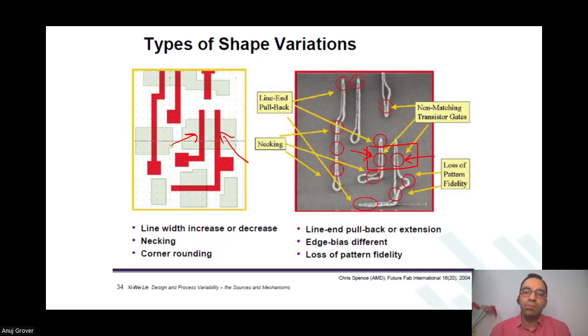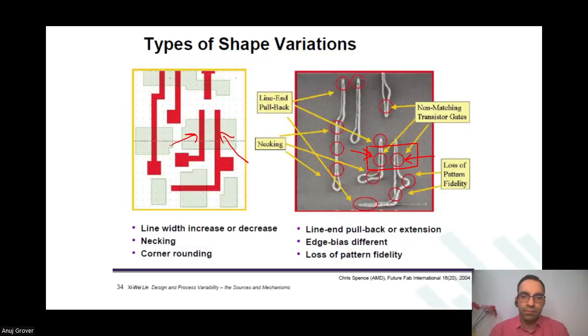Due to various effects like line pullback, necking, and so many others, because the polys have been designed in such a way that they have different poly to active spacing, different contact pads, and many differences amongst them, what is fabricated finally on that OD, you will see that the width of the poly, that is the length of the device, is going to be different.